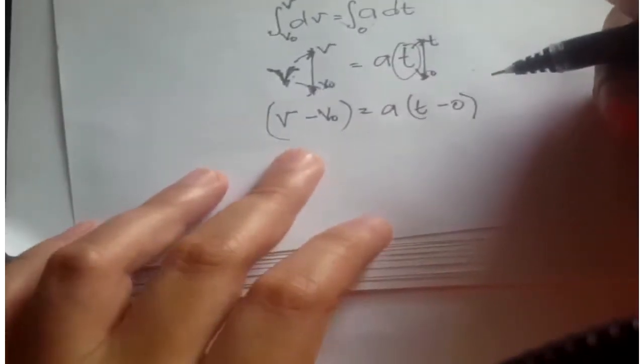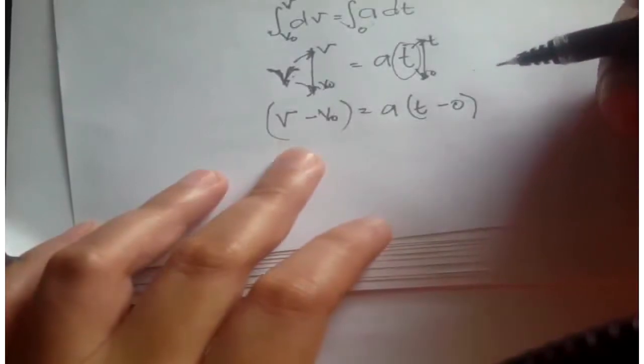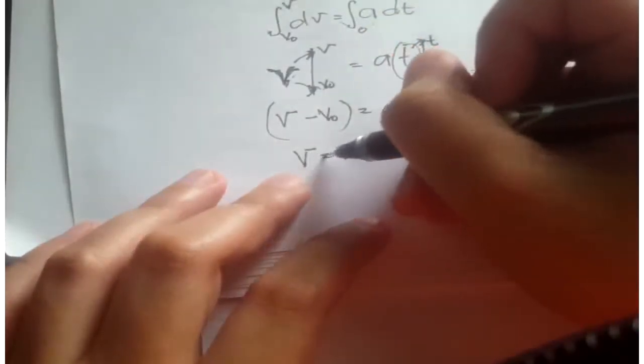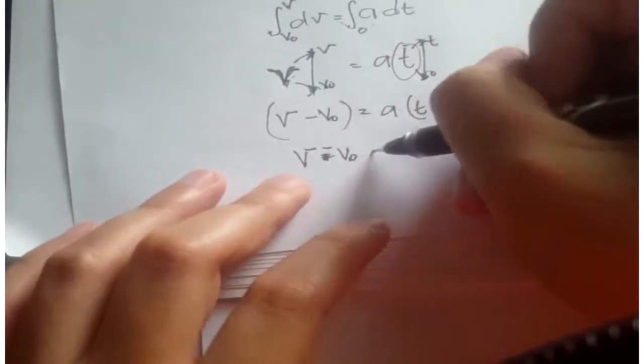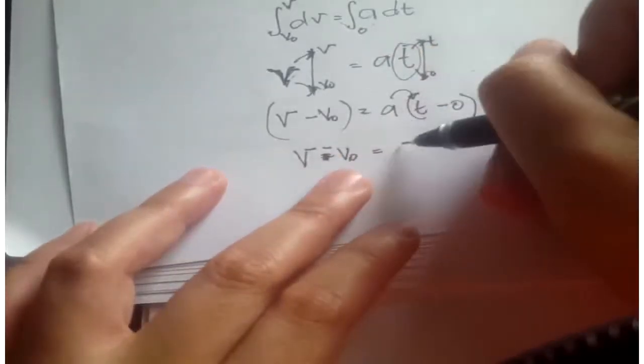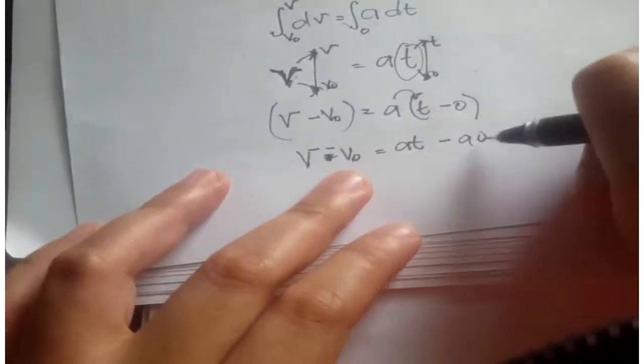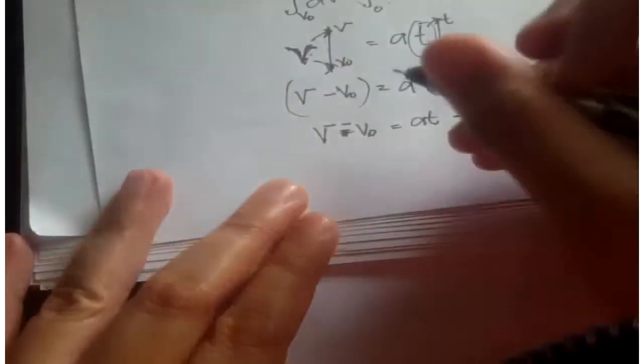Okay, so to simplify, we have v minus v sub 0 is equal to a t minus a times 0, or just 0. So from this we can now do the algebra to find v.